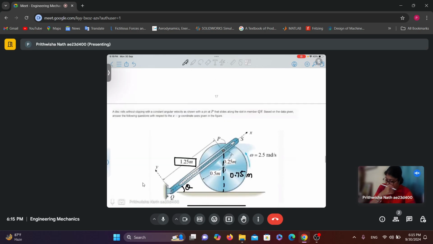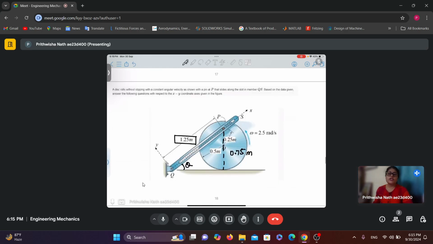Now the last problem. Here a disk rolls without slipping with constant angular velocity with a pin that slides along the slot in member QS. Now based on this given data, we have to answer the following question with respect to the xy coordinate axis.